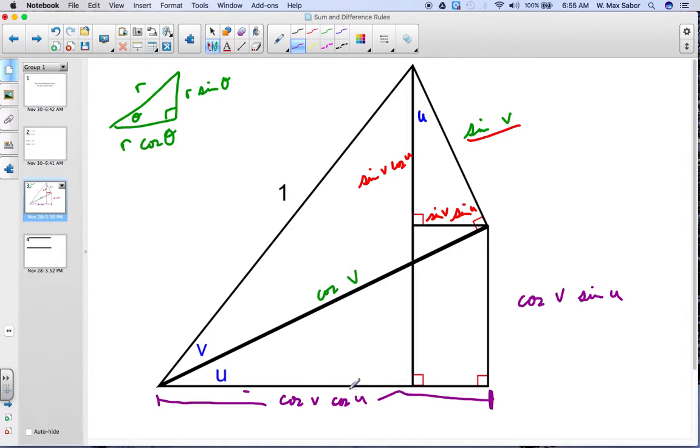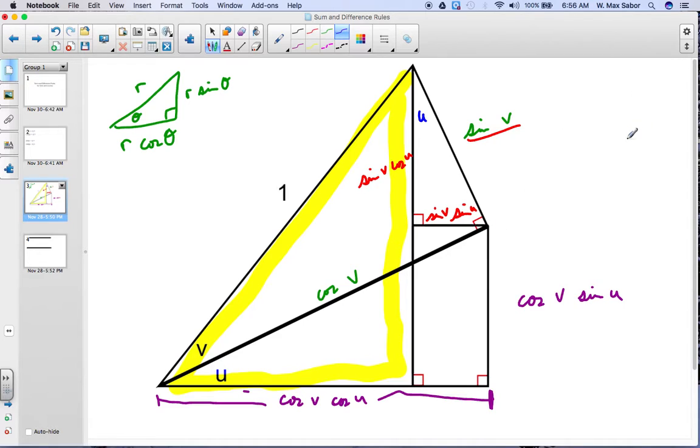Okay, so now we have most of the side lengths in this diagram. What's remaining is sine of u plus v, and cosine of u plus v. So what we can look at now is the whole triangle. This is a triangle whose hypotenuse is 1, and the acute angle is u plus v.